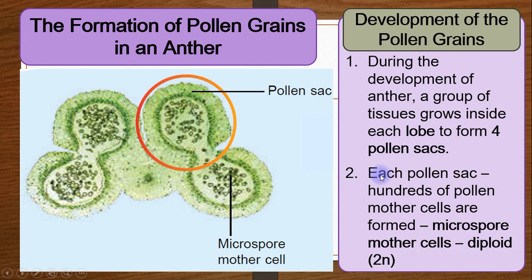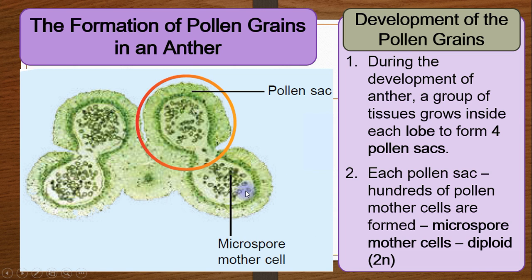Okay, number two. What happens next? Each pollen sac contains hundreds of pollen mother cells, which are called microspore mother cells, which are diploid.